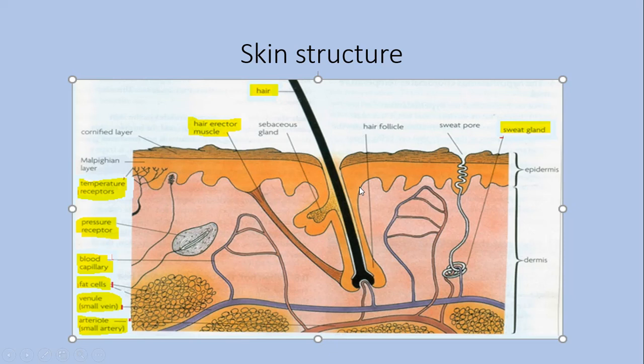The melanin pigment, as you know, is a dark brown pigment. It helps the body against harmful radiation from the sun or UV light. It absorbs the harmful radiation, which reduces the risk of cancers such as melanoma or skin cancer.